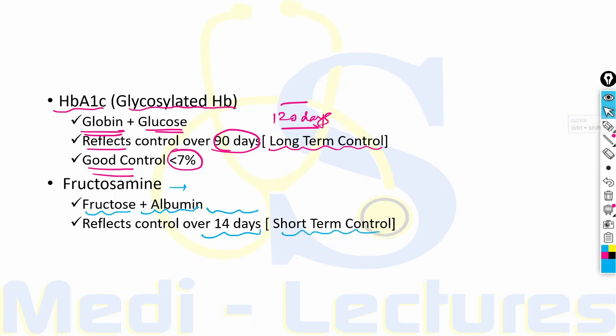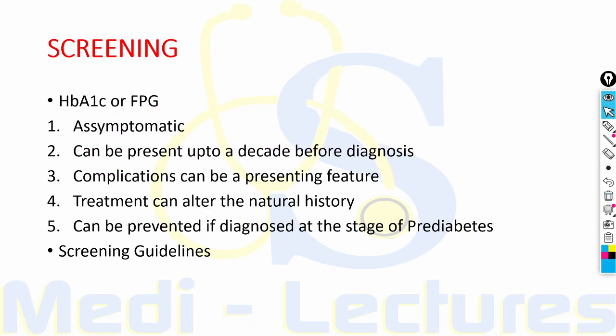Now discussing a very important part, that is the screening of diabetes. Screening can be done by either HbA1c levels or fasting plasma glucose, since the OGTT will not be practically possible in all the individuals for screening.